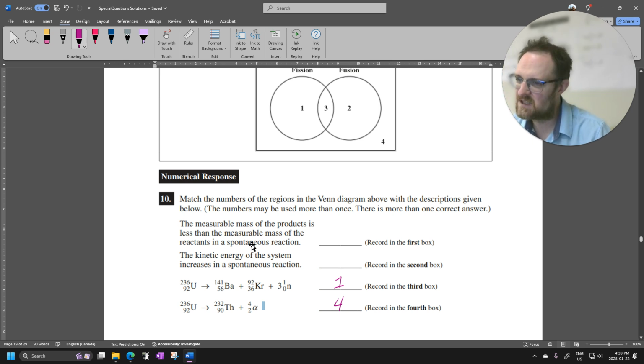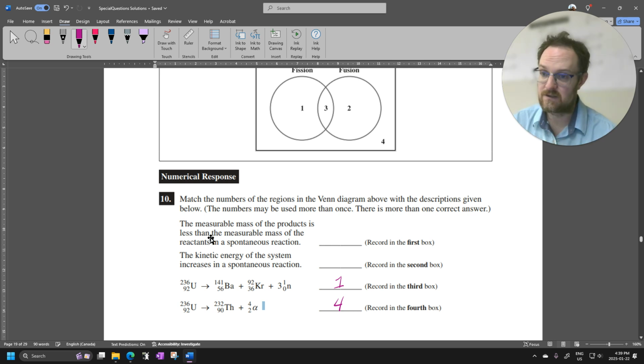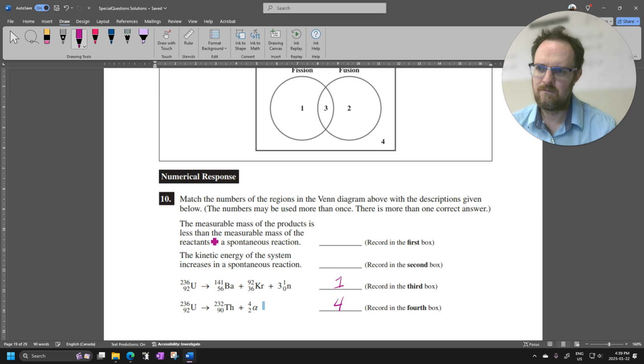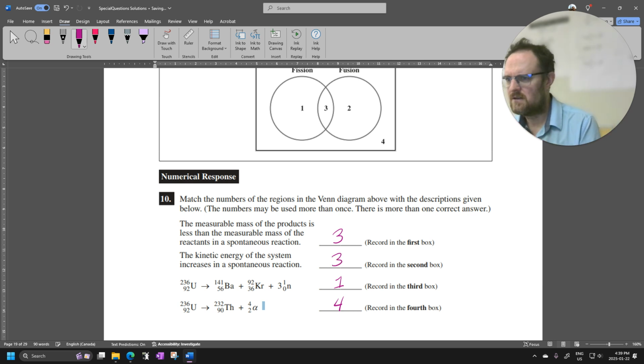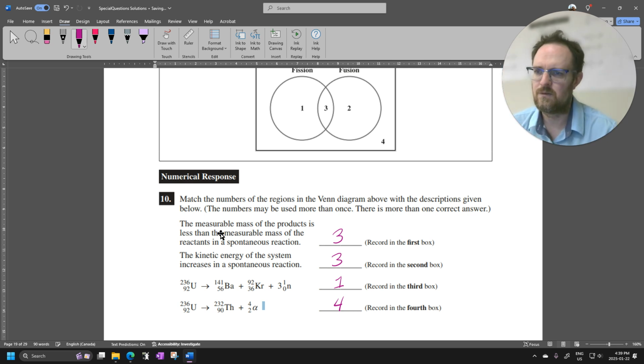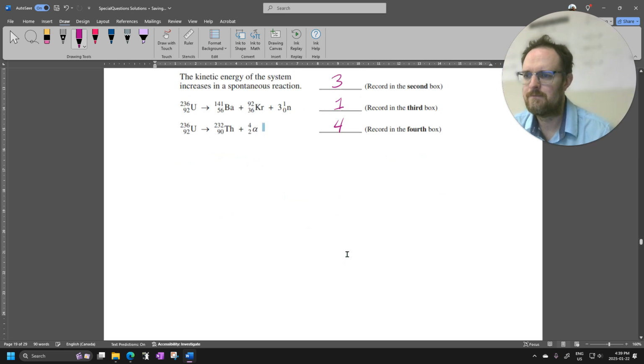The word spontaneous is iffy. In these reactions, the mass will decrease, which makes sense, right? So that happens in both of these. If the reaction is going to release energy, fission's spontaneous enough. And then the kinetic energy increases because of that. Those should go hand in hand. I don't know why I went 3-1. It just seems to make sense to go 3-3 as both of those.